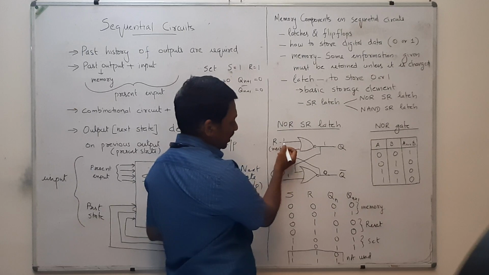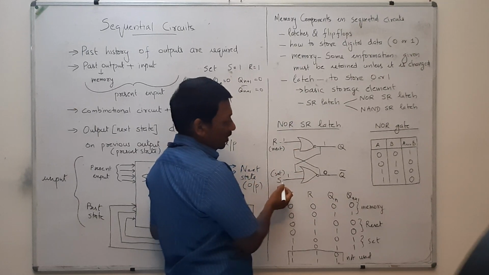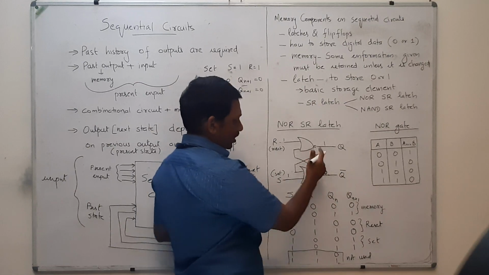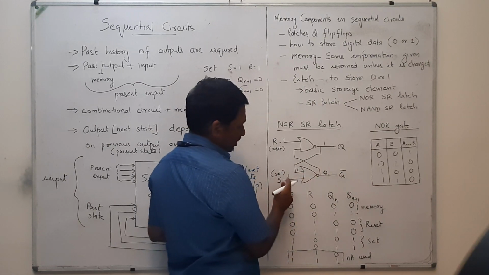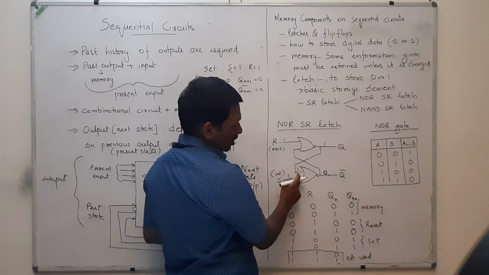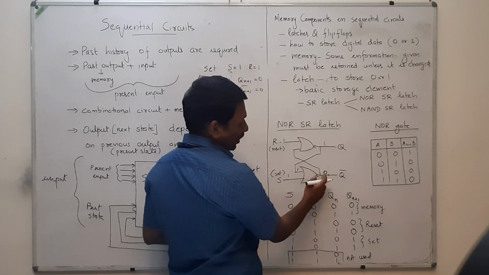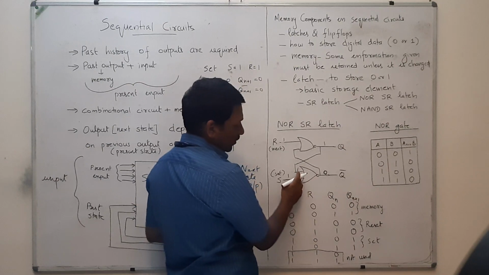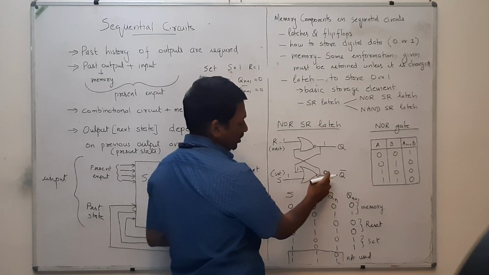Initially R is equal to 1 and S is equal to 1 and the previous value of Q is 1. Then this 1 is available here. 1 into 1 is 1. If you take the negation, this will be 0. 1 or 1 is 1, and if you take the negation, this will be 0.